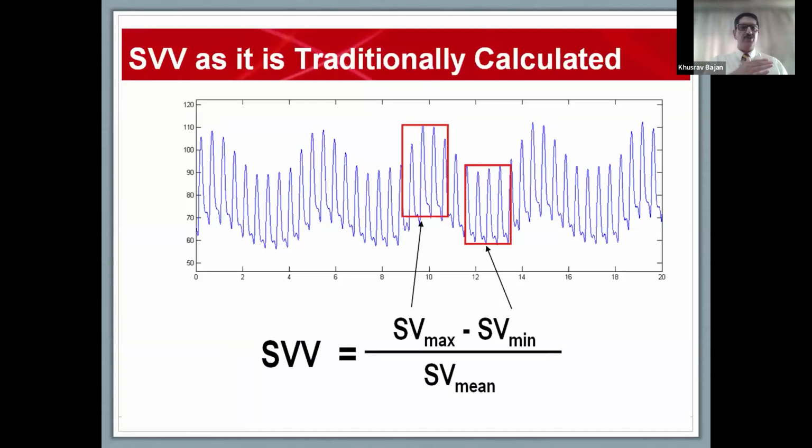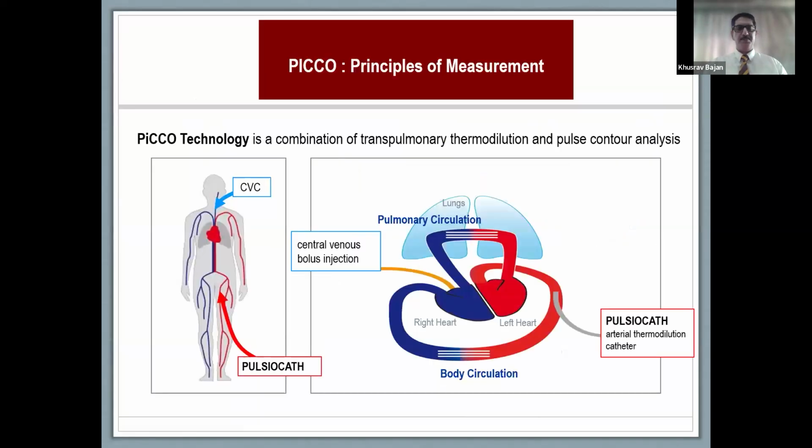And if the CVP is low, the stroke volume variation is higher. So in short, when the stroke volume variation is high, the stroke volume keeps varying with inspiration and expiration. That means that the patient is fluid responsive. But if the stroke volume variation is less than 10, probably meaning CVP is high, exactly opposite, it means that the patient cannot be given more fluids and may need diuretics.